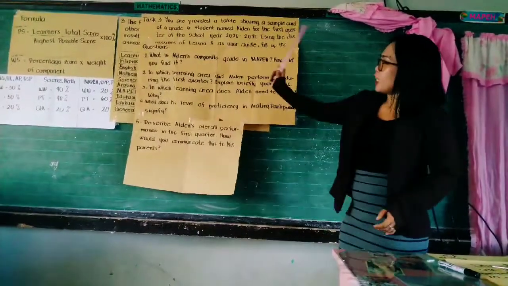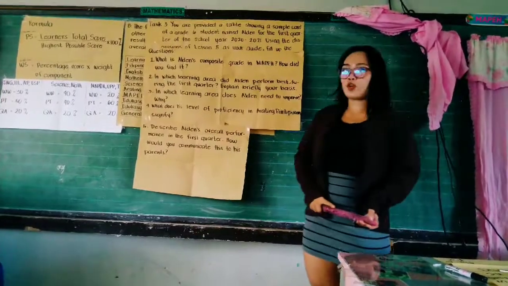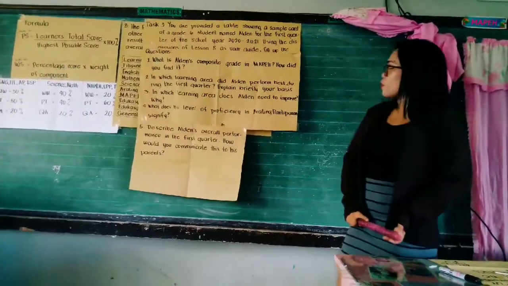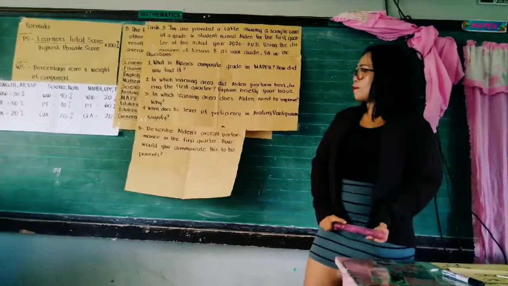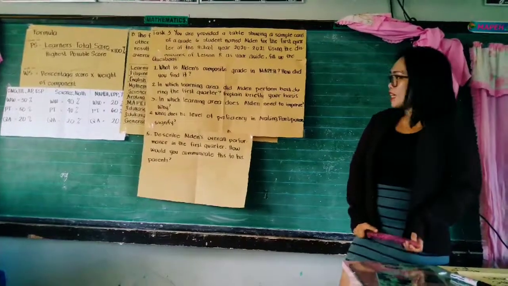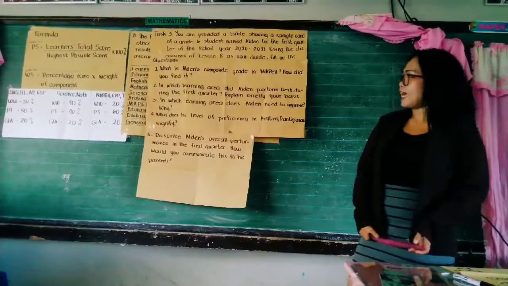Number 2. In which learning area did Alden perform best during the first quarter? Explain briefly your basis. In the first quarter, Alden performed best in Edukasyon sa Pagpapakatao because Alden got the highest grade of 89.